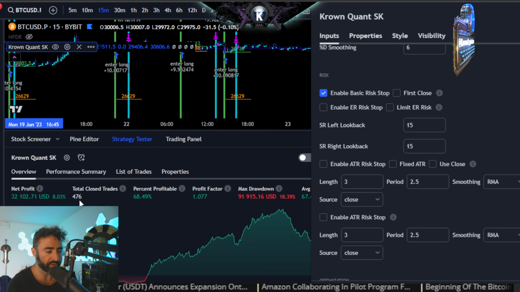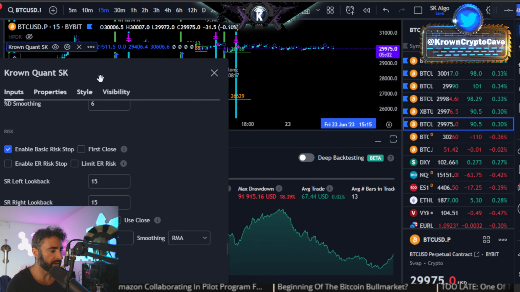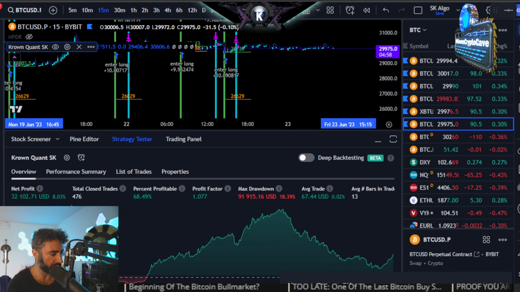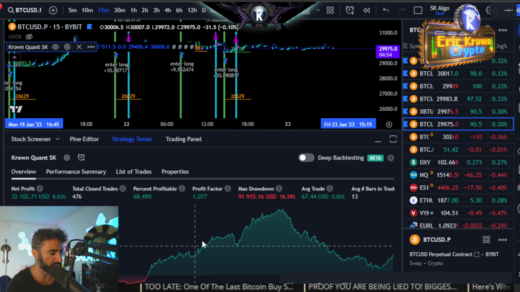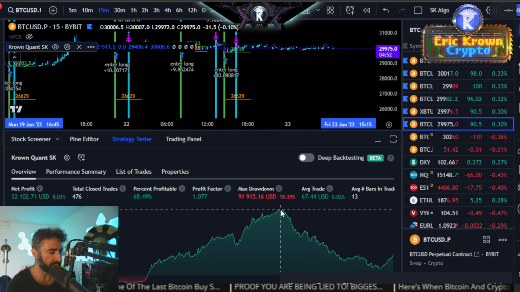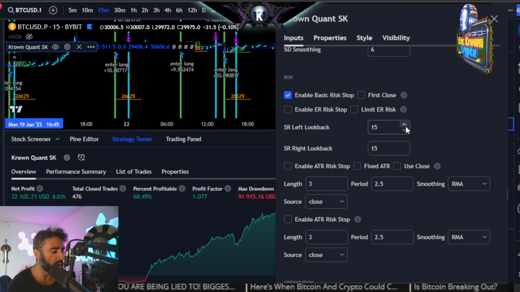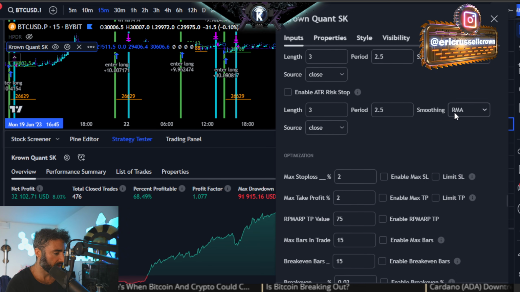Total closed trades also went up as well, but the percent profitable actually went down a little bit, which is interesting. And the equity curve had a major run here after basically chopping sideways for probably a couple months. Went on a major run for 2 to 3 months and then lost a good amount of that. So we want to hopefully curtail that sort of a loss.